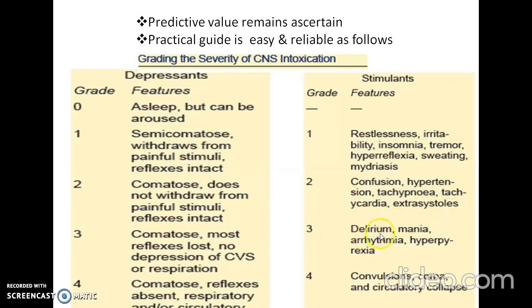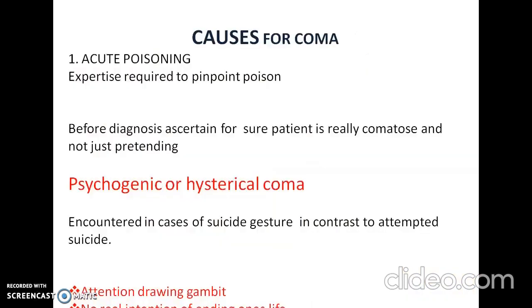Grade 3 for delirium, mania, arrhythmia, hyperpyrexia. Grade 4 for convulsion, coma and circulatory collapse, because stimulating agents start early with stimulation and end with depression. This is how the grading can be given, which will help in predicting the coma condition in a person.